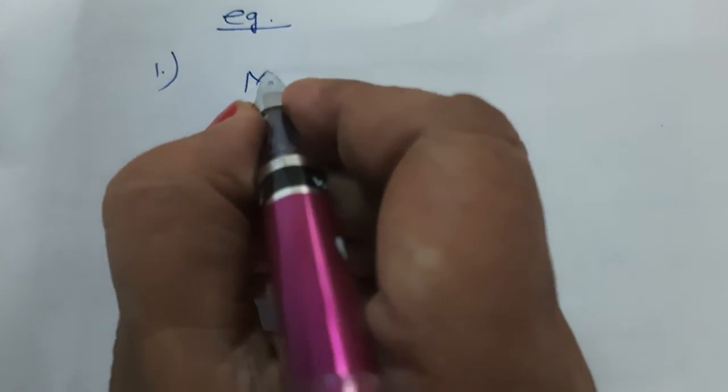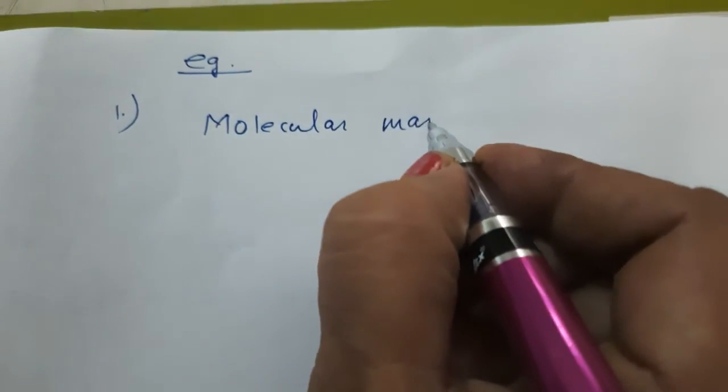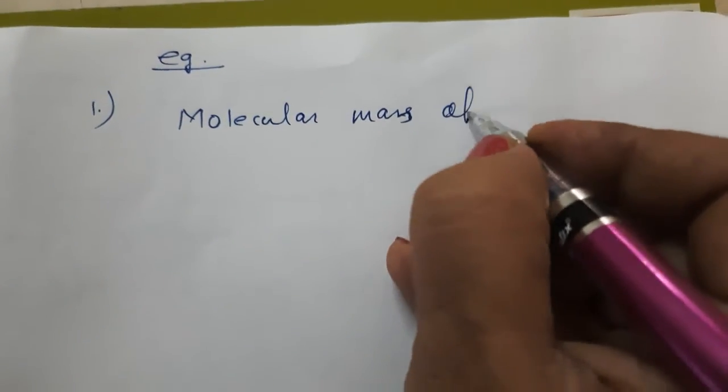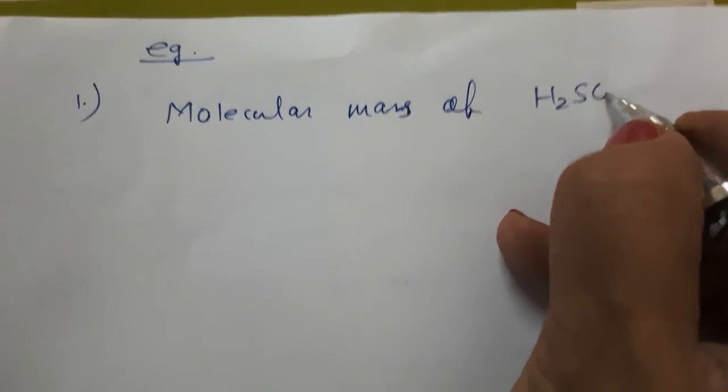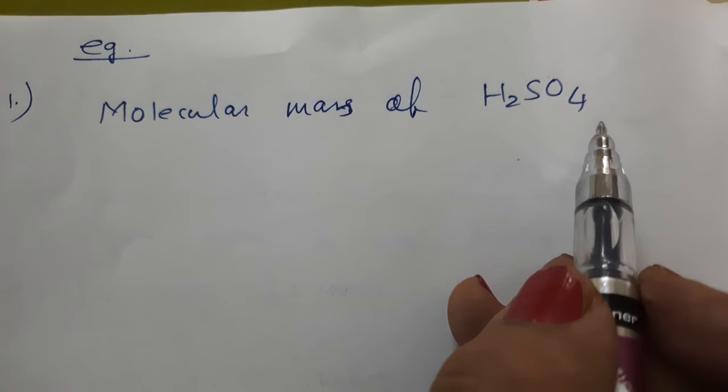Some more examples I can show you. First example, molecular mass of H2SO4. First we must know the atomic mass of these elements.